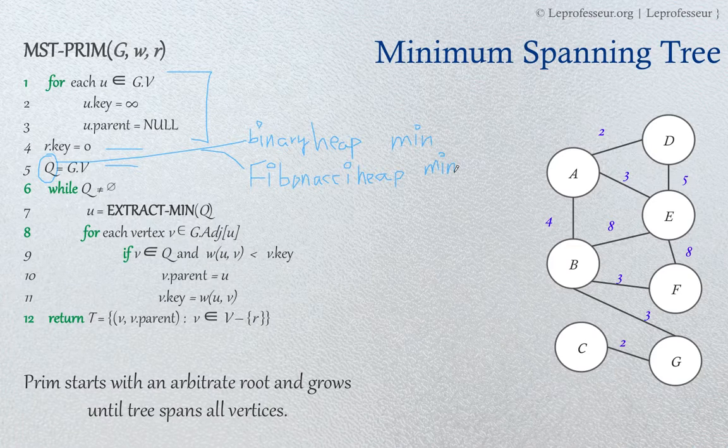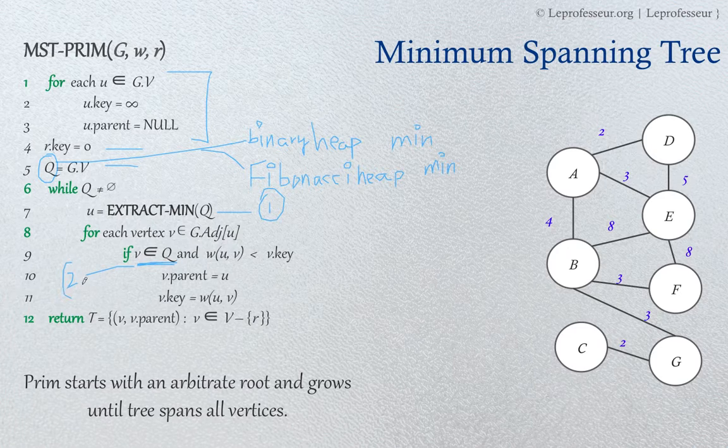Depending upon your implementation, the time complexity of this algorithm would be different because we're going to be searching and extracting from this queue as the algorithm unfolds further. As you can see, line number 7, we have extract min operation on the queue, and at line number 9, we are trying to find whether a node or a vertex belongs to the queue, meaning we are doing a searching operation.